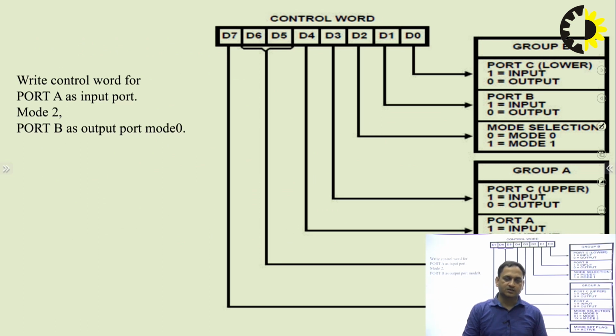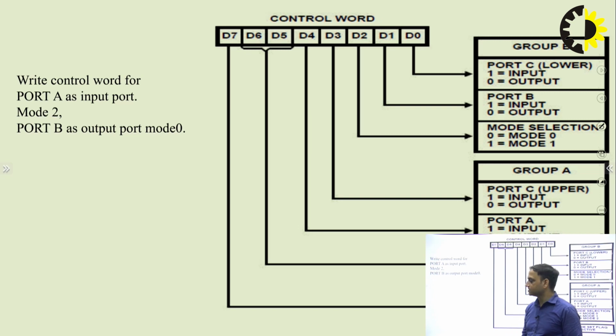So here is the last point of mode 2, that is to write the control word where port A is an input port in mode 2, and port B is an output port in mode 0, which was defined previously. So this format is very important. Each one of you must know how to write the program for this.